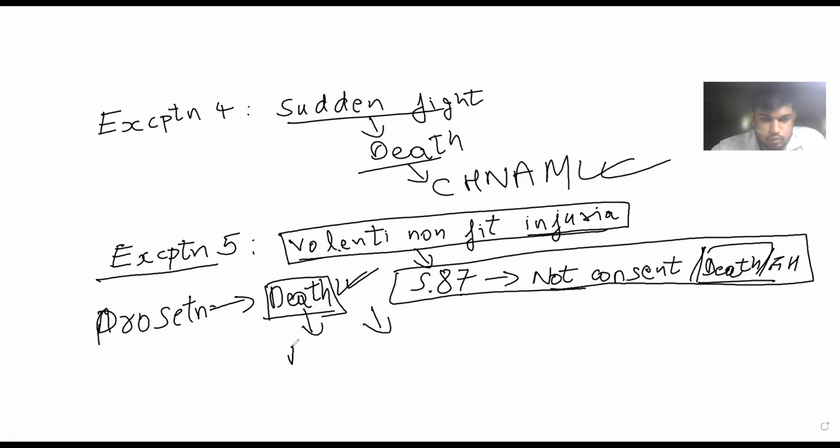Okay, then what will the accused do? The accused will now raise the general exception first, that the victim consented to suffer harm.